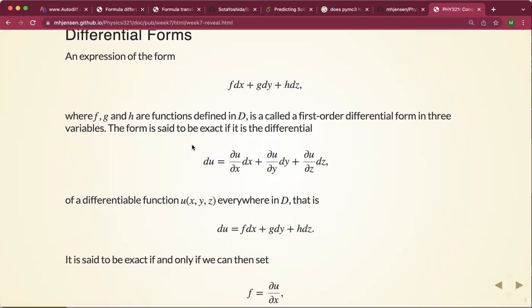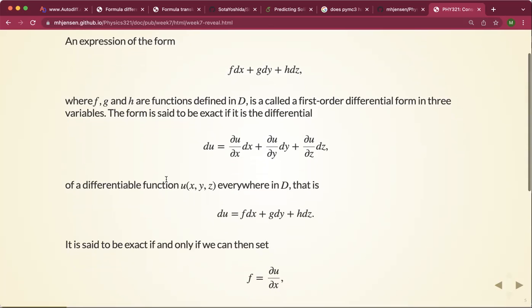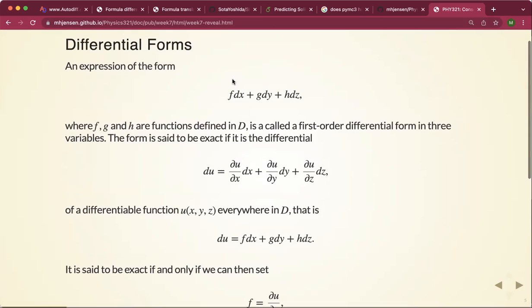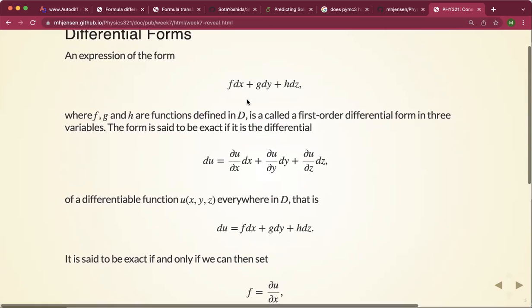This form is said to be exact if it is the differential of a function u. So f is something we have to recognize as the derivative of u with respect to x, g with respect to y, and h with respect to z. There exists a function u everywhere in D given by the expression up here.